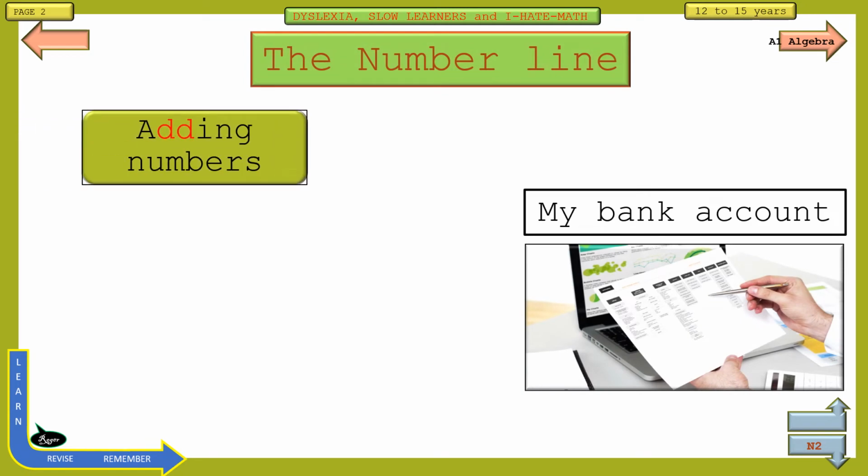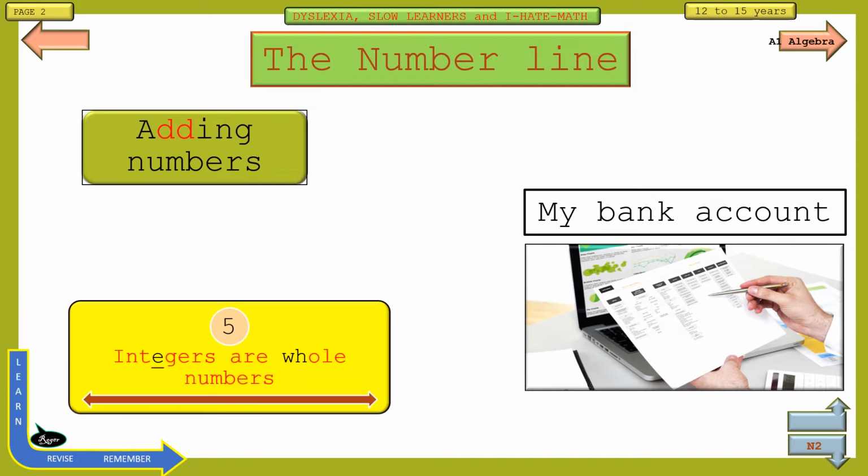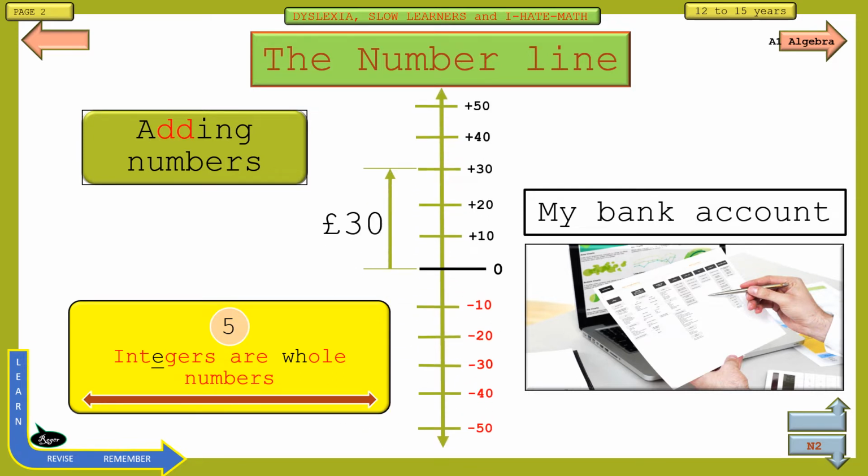In this part, we will show how we add numbers. As I said, this may look easy, but we will get the benefits later. And don't forget, integers are whole numbers. In this slide, I have rotated the number line to make it vertical. This will represent a bank account.